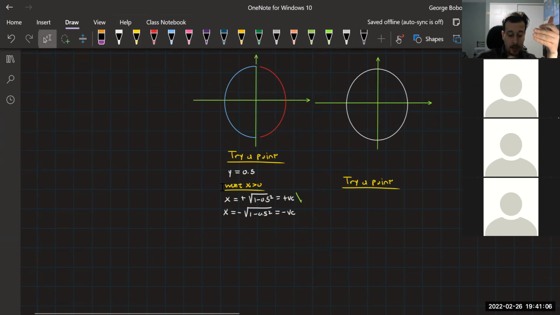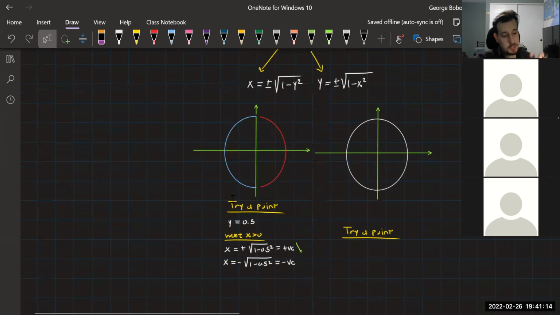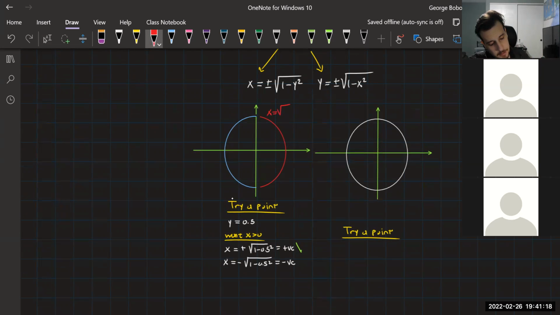So I need the branch that will give me positive x's right now for any y input. And that was this one. So the right one has to be the positive branch right now. I know it makes sense, but we proved it as well.